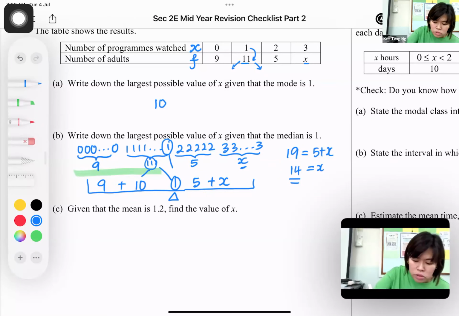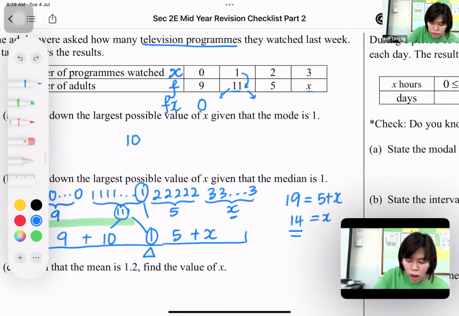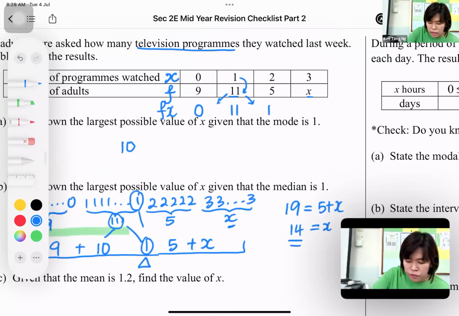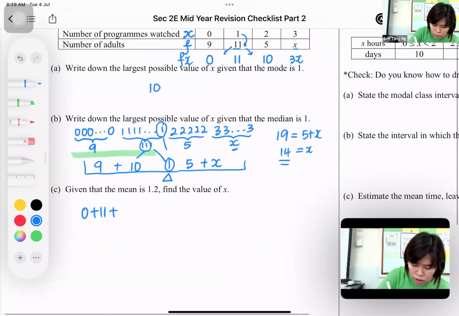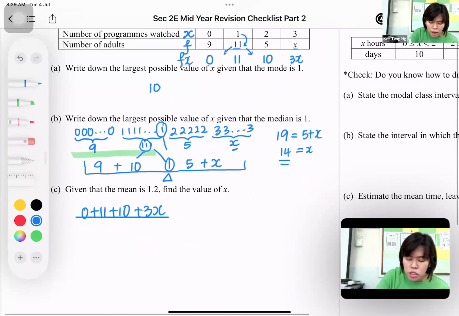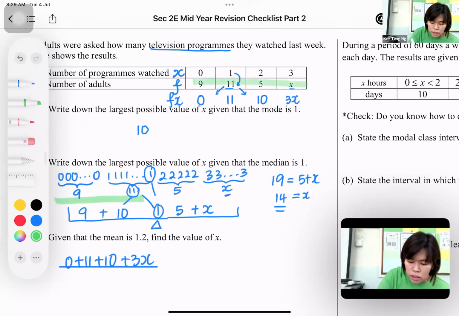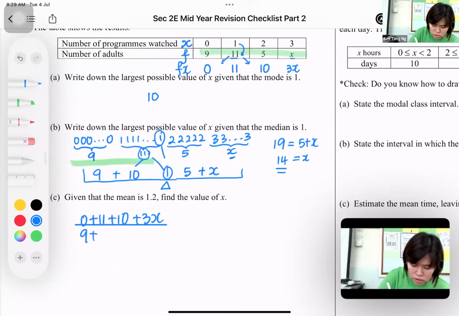So I need to multiply f times x. 0 times 9, 0. 1 times 11, 11. 2 times 5, 10. 3 times x, 3x. Summation of fx is 0 plus 11 plus 10 plus 3x, over summation of f, where f is the frequency? 9 plus 11 plus 5 plus x.